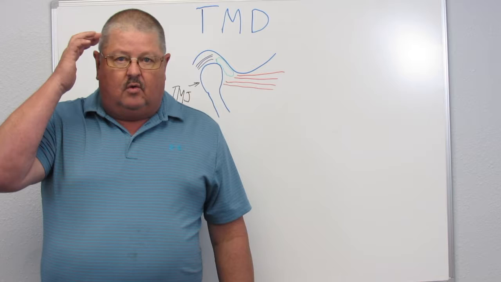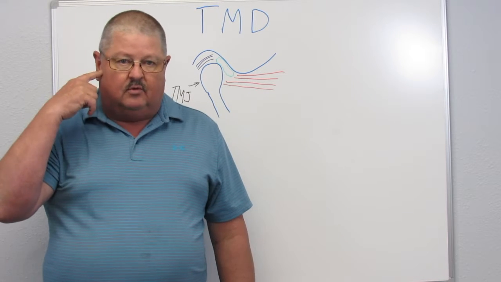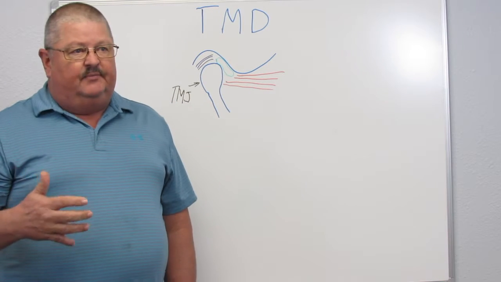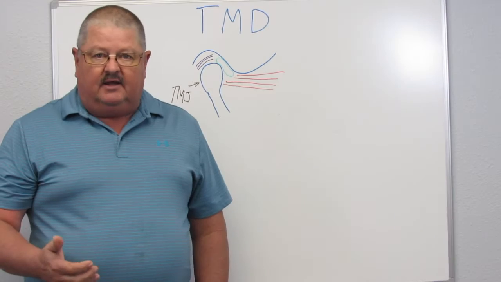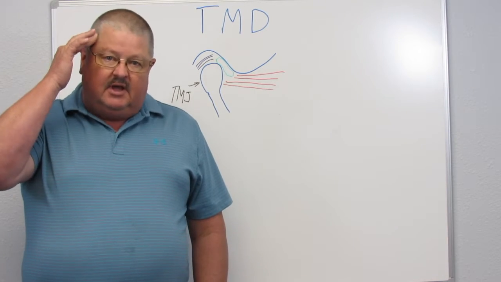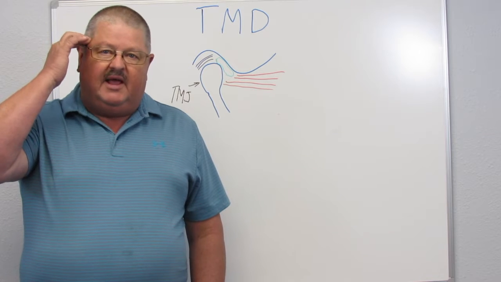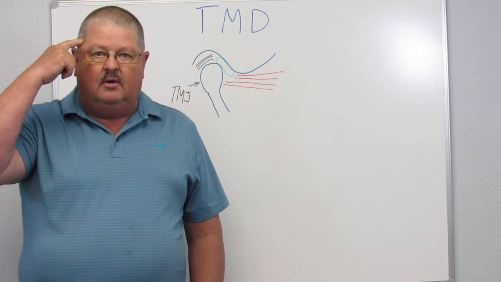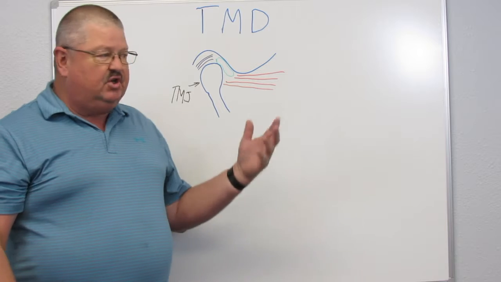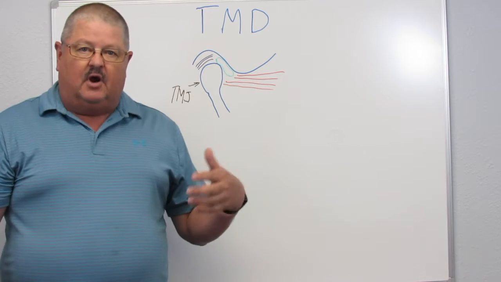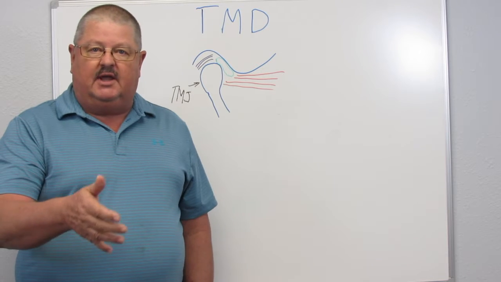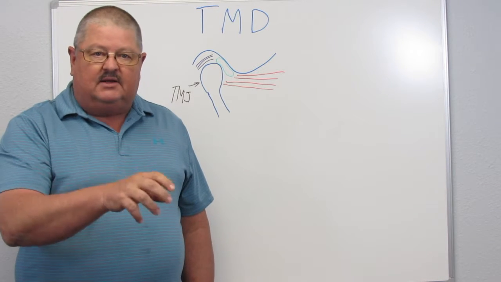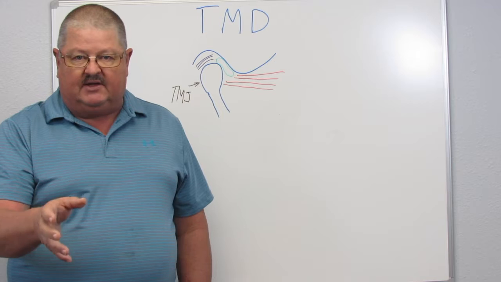Well, when you get a Charlie horse of the temporalis muscle or the lateral pterygoid, it's on your head, and you think, hey, I've got a headache. Many people say, gee, I've got a tension headache. Well, they're rubbing the belly of the temporalis muscle right here, one of the positioning muscles of the jaw, and it's a very common muscle to go into spasm. So the pain that's associated with TMD a lot of times has to do with muscle spasms.